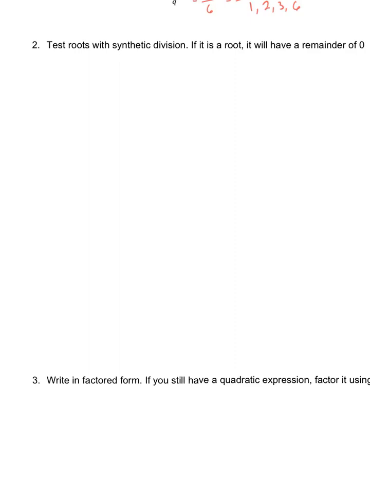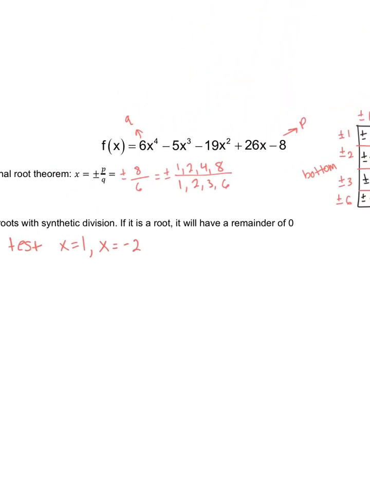So in this case, just so things work out the way that they're supposed to, we're going to test x equals 1, so positive 1, and x equals negative 2. So we're going to do synthetic division with the expression that's up here, and then the two roots that I'm asking you to test down here.